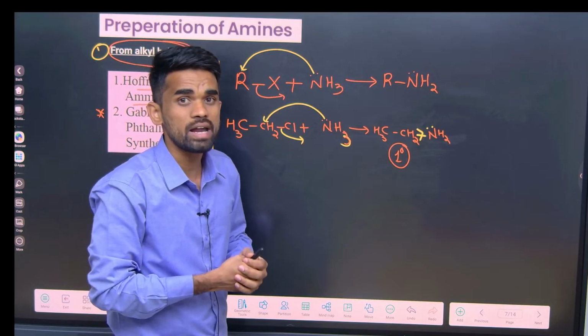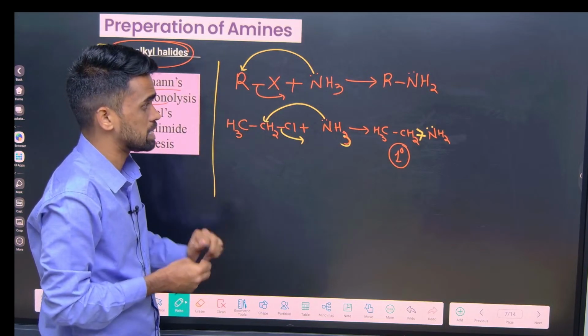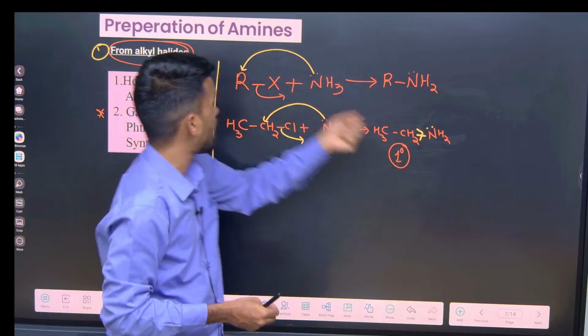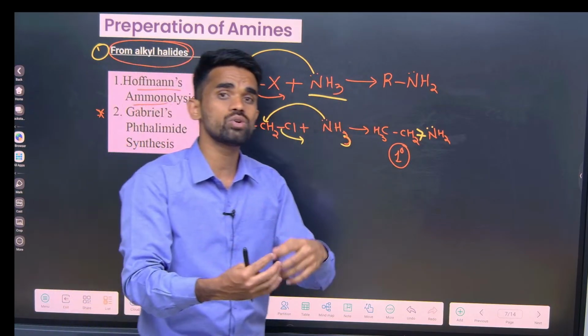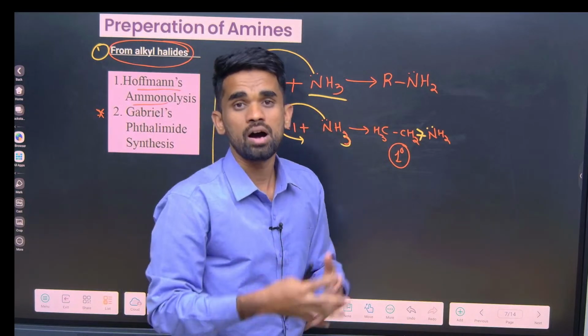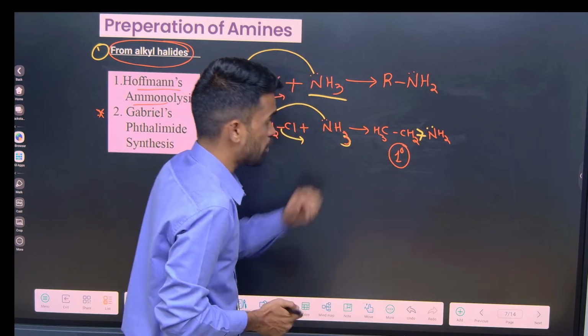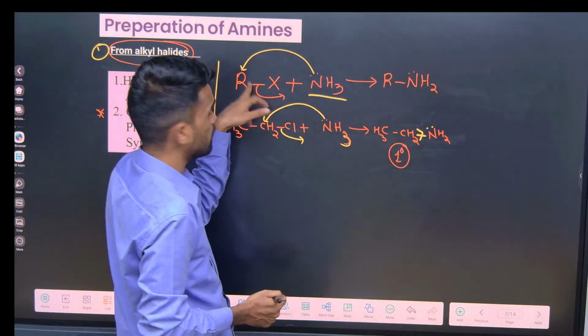Therefore, during this ammonolysis, the product formed will react with the starting material instead of ammonia. Therefore we are going to get a mixture of amines here. The primary amine formed will react with the alkyl halide.